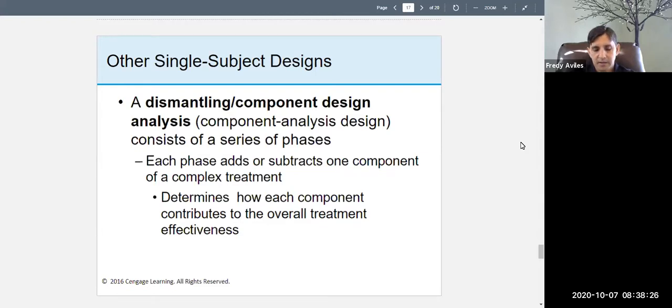The participant is exercising, following a healthy diet, and also taking medication for weight loss. They're doing those 3 things at the beginning. In the next phase, you take away the medication. Now, how much weight are they losing?